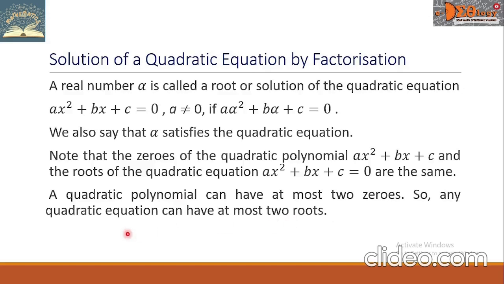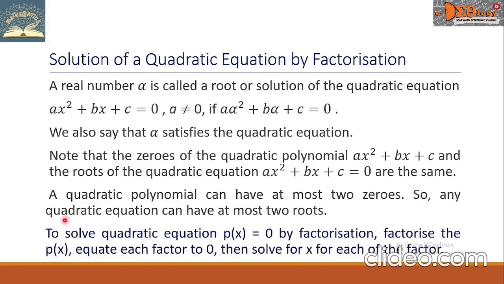So, any quadratic equation can have at most 2 roots. To solve quadratic equation p of x equals 0 by factorization, factorize the p of x. Equate each factor to 0, then solve for x for each of the factors.